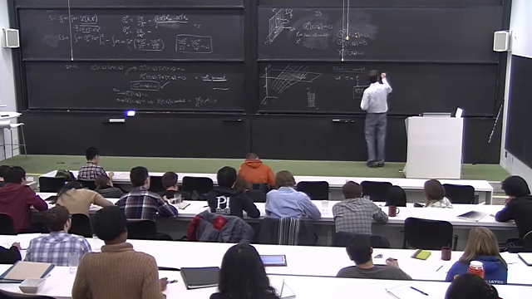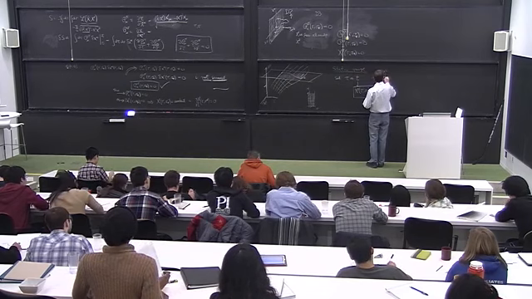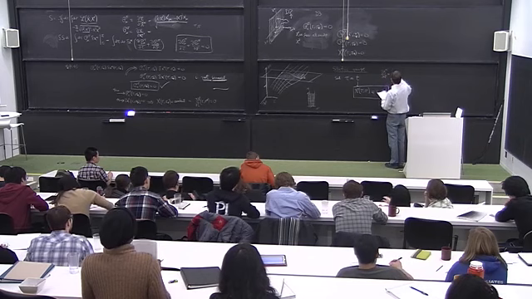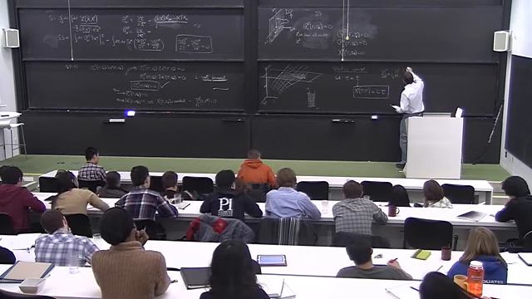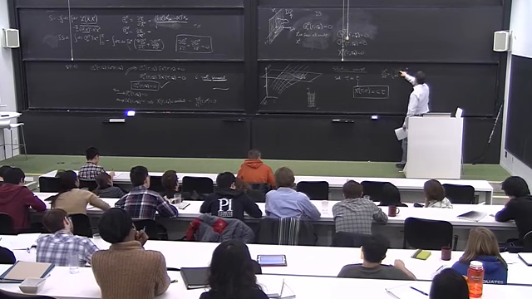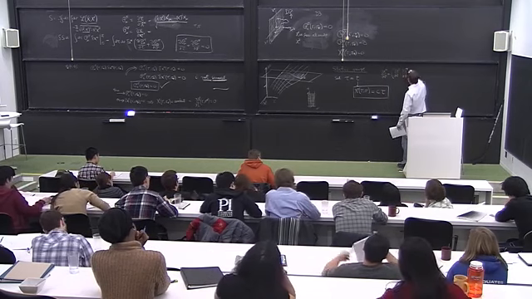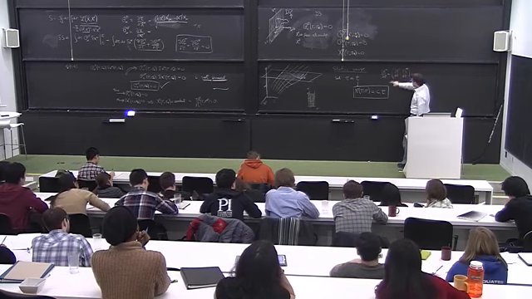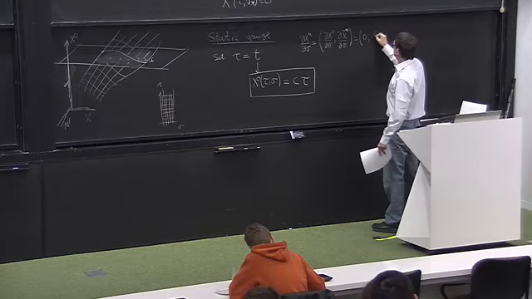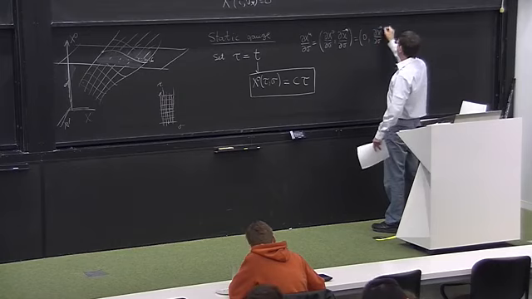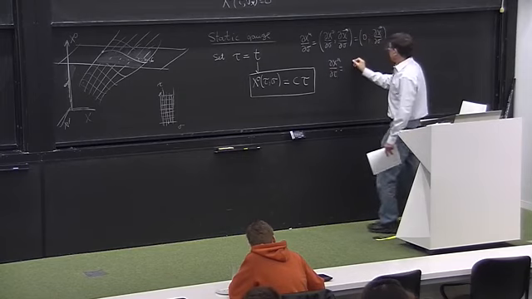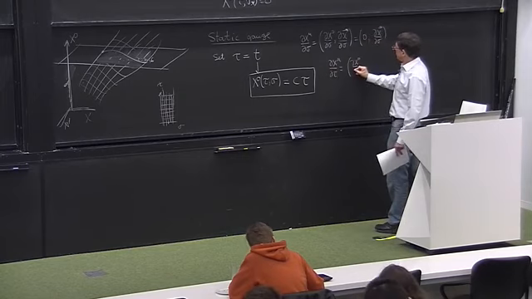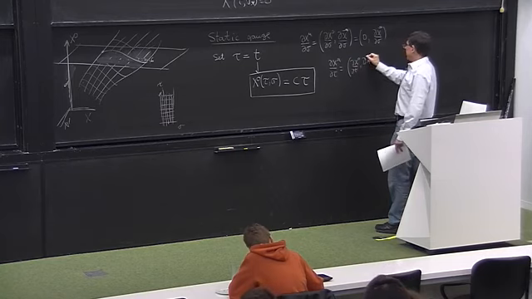Now, what happens when you do that? Well, a few things simplify, like dx mu d sigma would be dx0 d sigma times dx vector d sigma. We split the mu indices into 0 and vectors. And dx0 d sigma is 0. And dx mu d tau would be dx0 d tau and dx vector d tau.